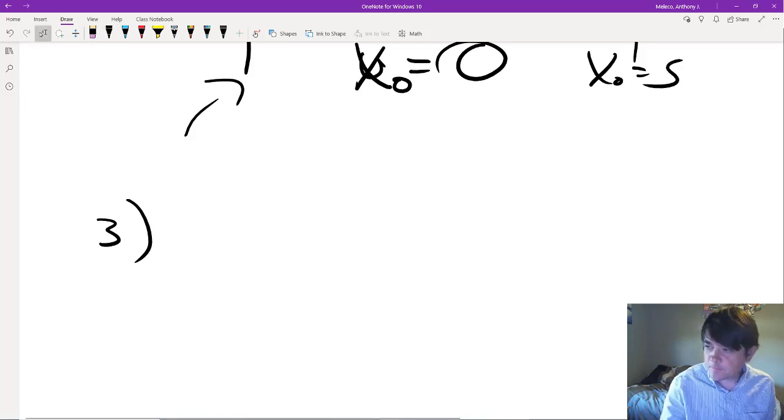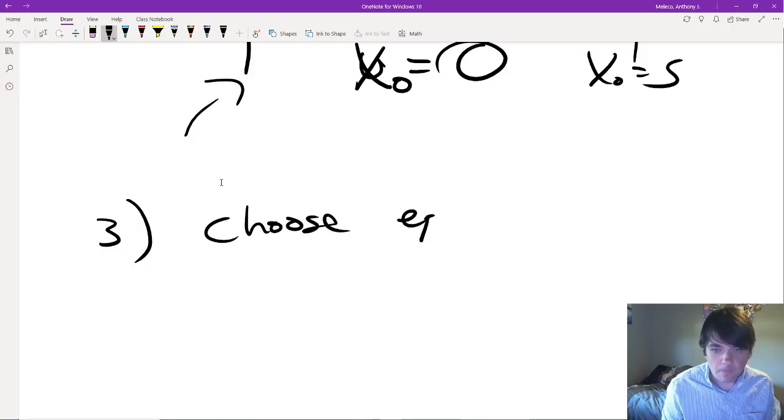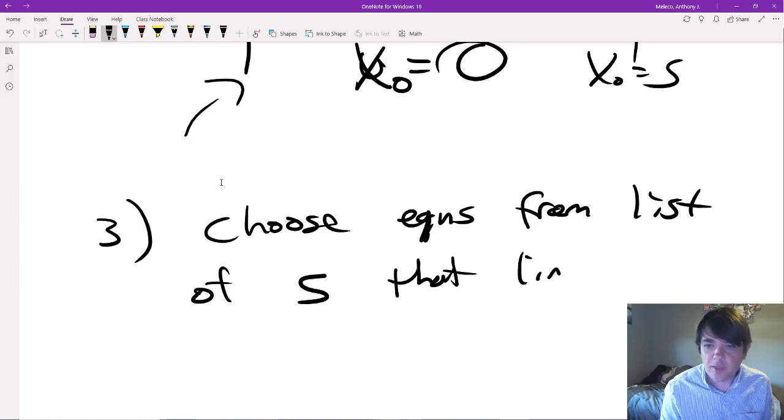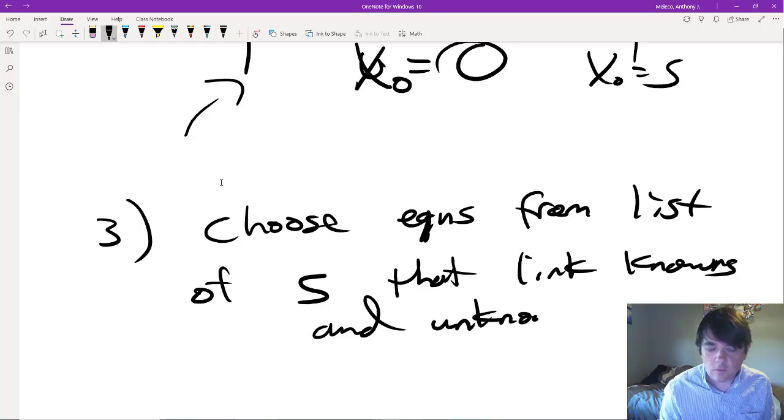Step 3 is going to be choose equations from the list of 5 that link knowns and unknowns.